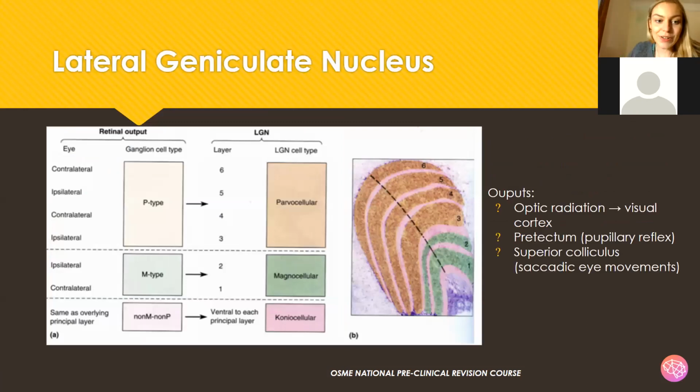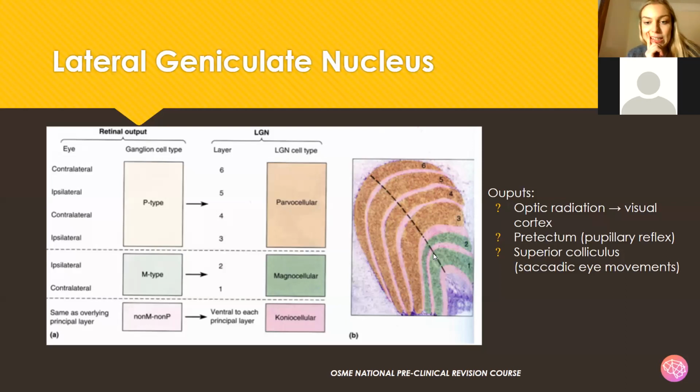So here is a slide on the LGN. I will just give you a second to familiarize yourself with that. Okay, the LGN neurons receive input from the retinal ganglion cells, as I've said, and they're separated into 6 layers, as you can see here, and on the histology image there.